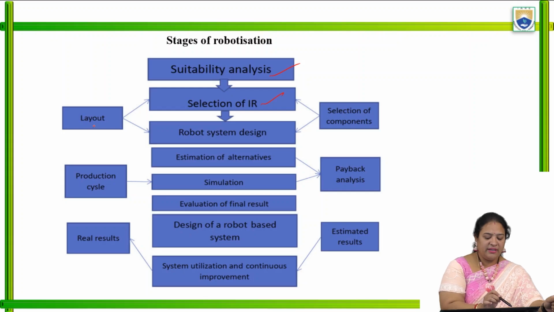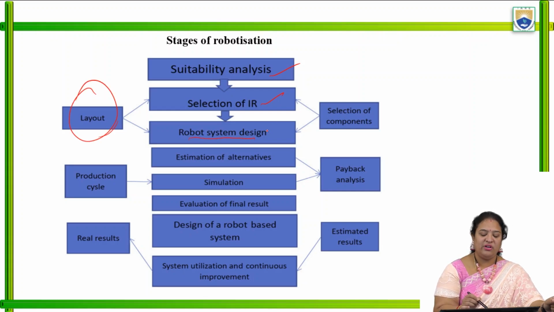The selection of the IR and the robot system design come under the layout. Initially we do a layout, where we select the IR and design the robot system, which is effected through the selection of the components. First we draw a layout, then we select the required components, and then we start analyzing and designing, followed by the estimation of alternatives or simulation.